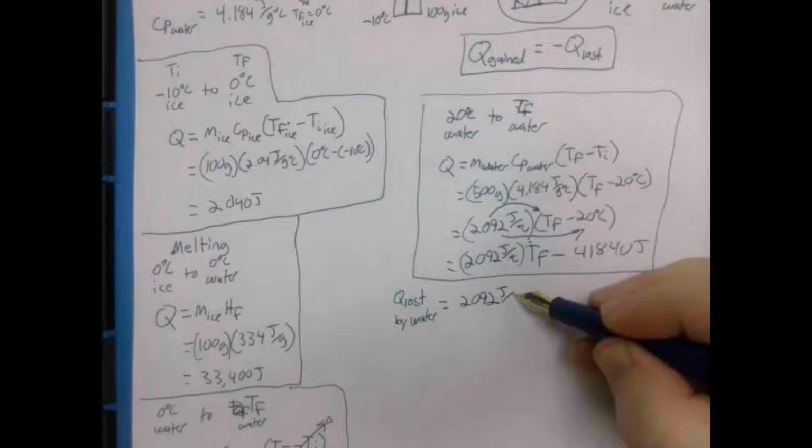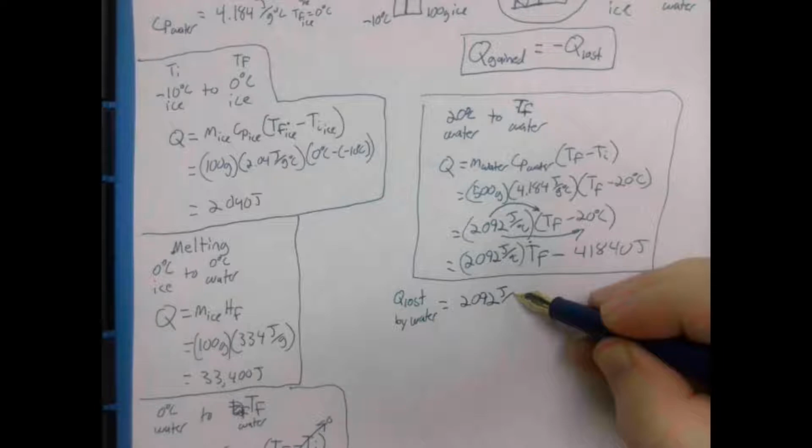Because no energy has left the system, we know that the sum of energies has to equal 0. Or, in other words, heat gained has to equal negative heat lost. So we have our equation for heat gained. It's 35,440 joules plus 418.4 joules per degree Celsius times Tf.